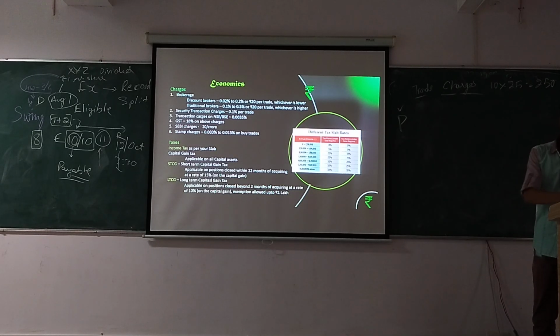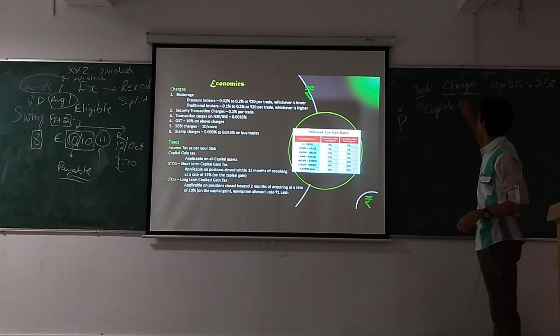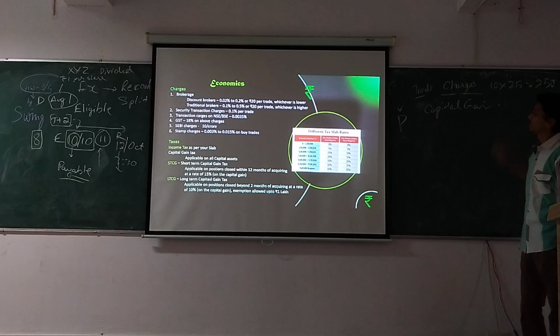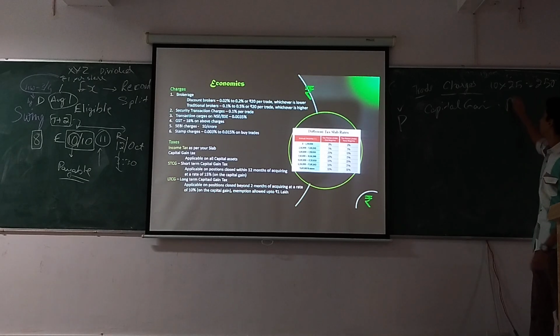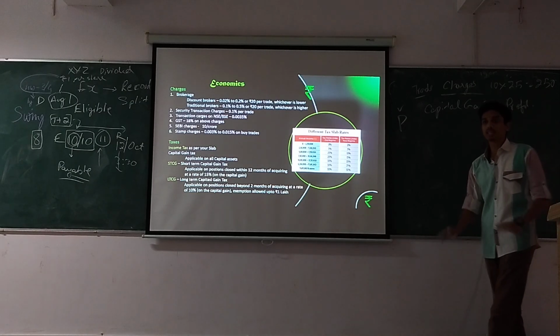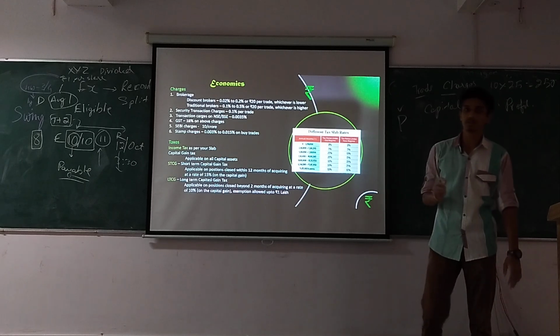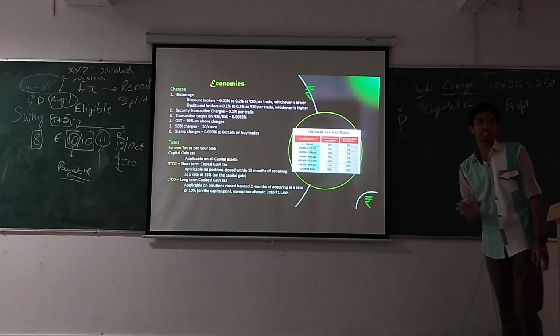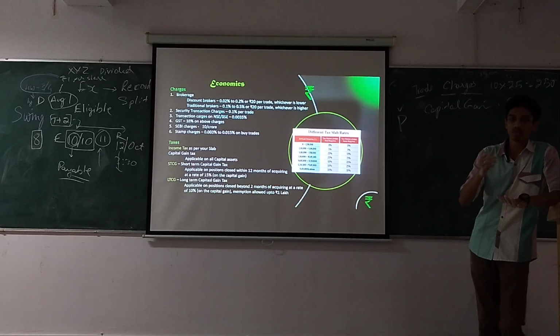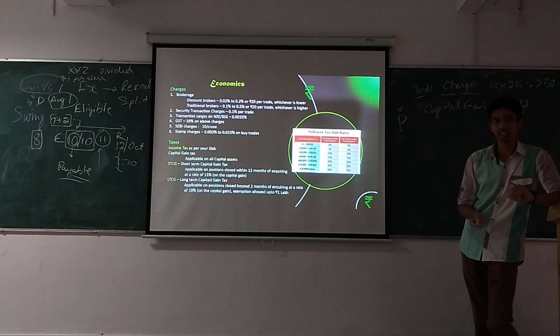Apart from income tax, there is one more concept called capital gain. Capital gain is nothing but the profit made on transactions on a capital asset. What is a capital asset is defined by some section; I forgot the number of the section. A capital asset is any asset in which you invest and it has the potential to appreciate.